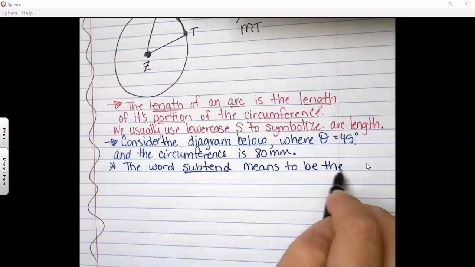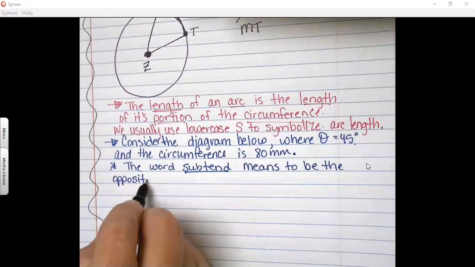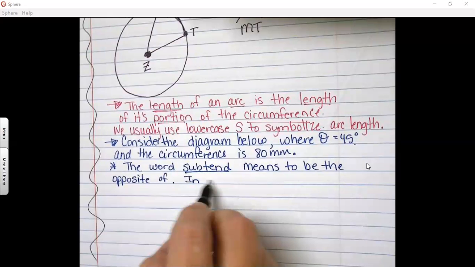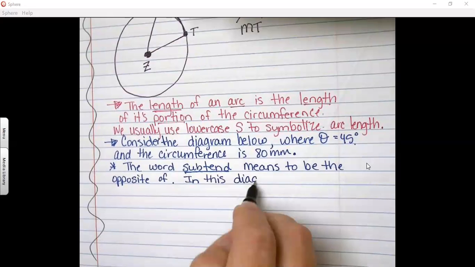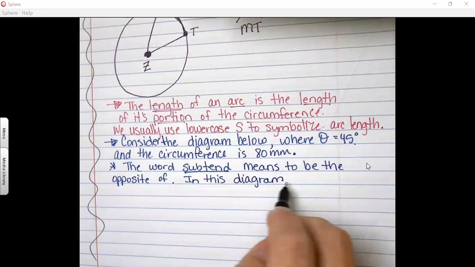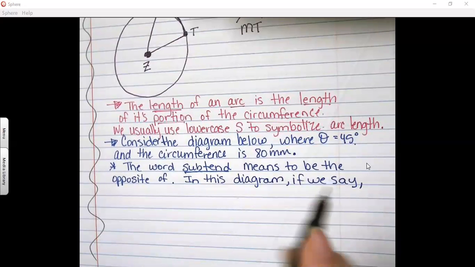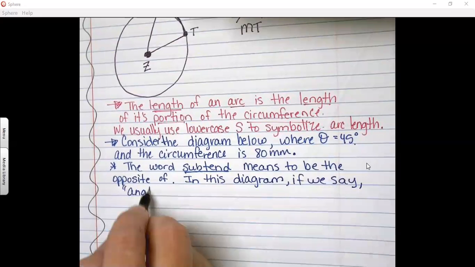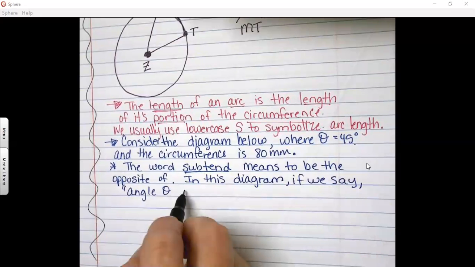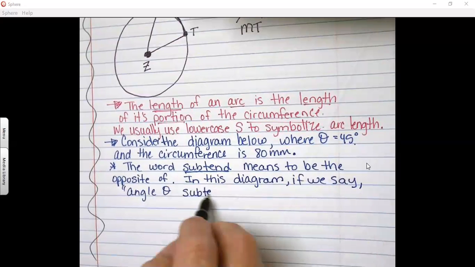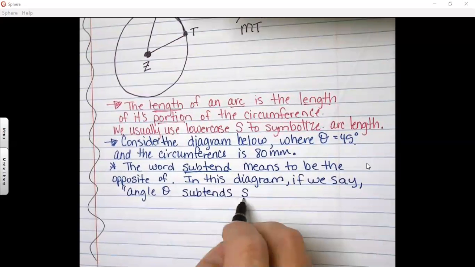In this diagram, if we say angle theta subtends S or arc ST.